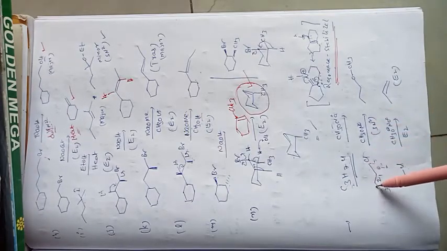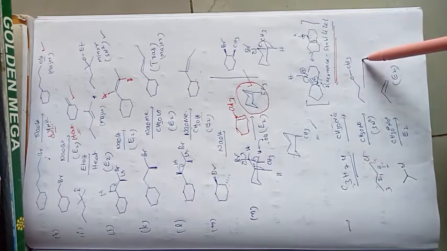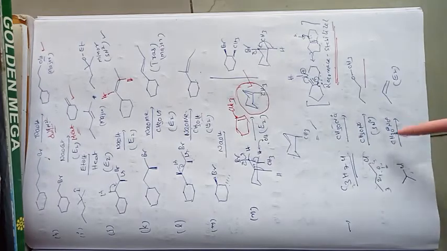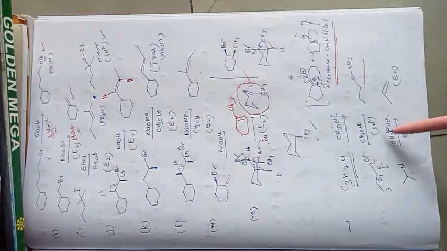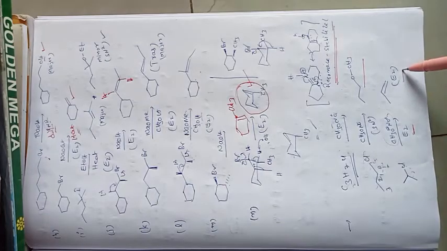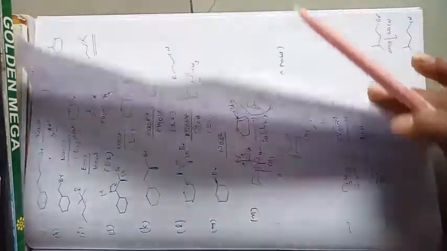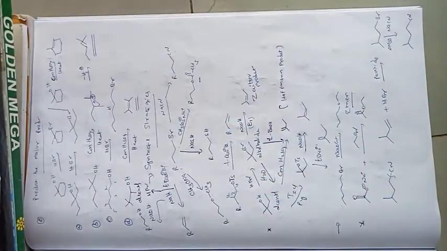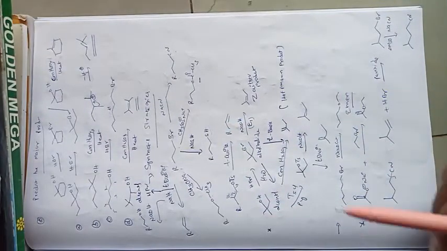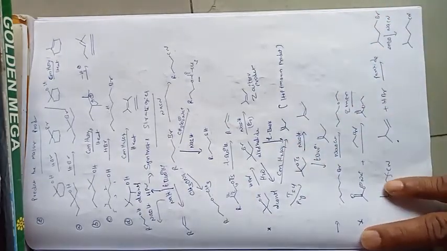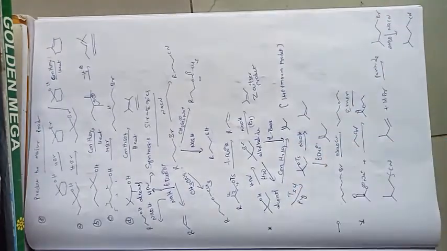If it is 1-chloro, there is a substitution reaction because it is a primary alkyl halide. If it is secondary, in the presence of a strong nucleophile or strong base, E2 predominates, so propene is the major product. Very interesting. So that's why we can very easily look at that one.